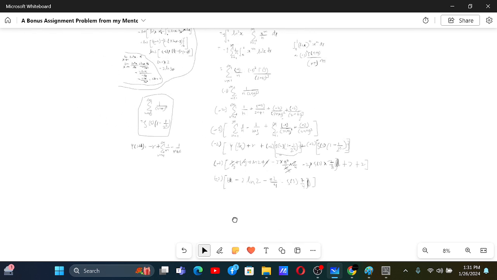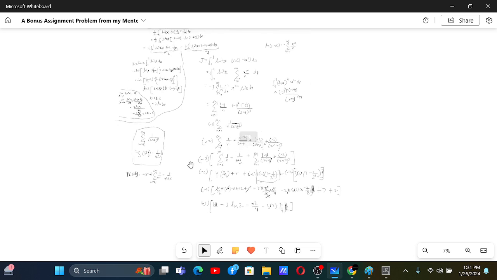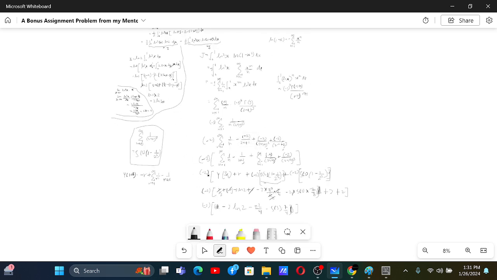Now since we have the other part, we can find the value. This is just 1 by 2 times this value, and 1 by 2 times 2 ln 2. Let us write it here. 1 by 2 times 2 ln 2 will just be ln 2. And over here minus 1 by 2 and minus 2, that will just be 1.